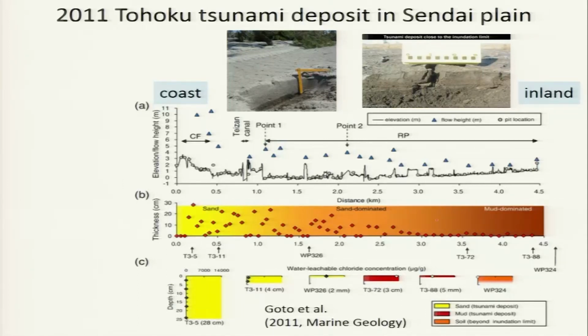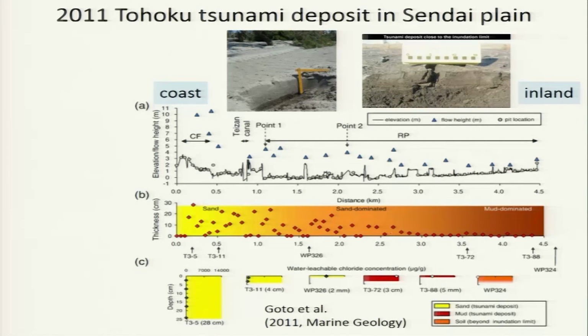But what they found was that the 2011 tsunami inundated much farther inland compared to where the coarser deposits were left. So even the mud-dominated deposits, they were able to find, went up to more than 4.5 kilometers, and the coarser deposits ended somewhere over here.